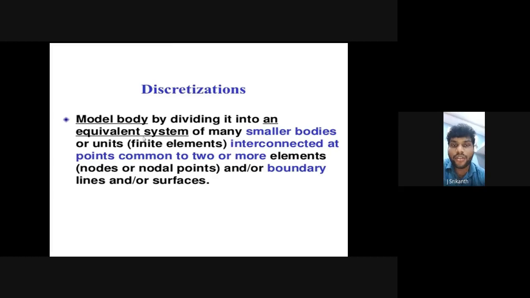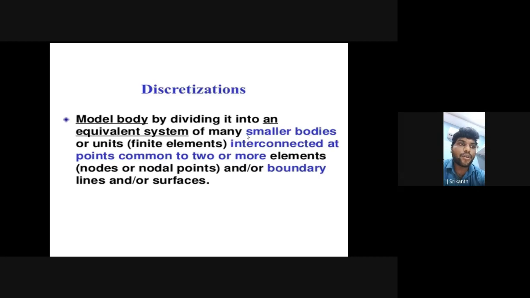Already we know that each element should have equal dimensions. As I said in the last 15 minutes, each element has equal dimensions: length, width, height, anything. At that time, the model body is divided into an equivalent system of many smaller bodies.